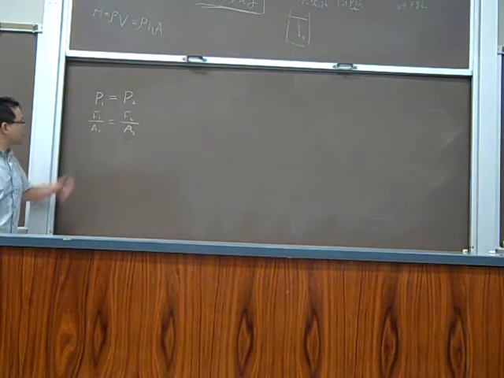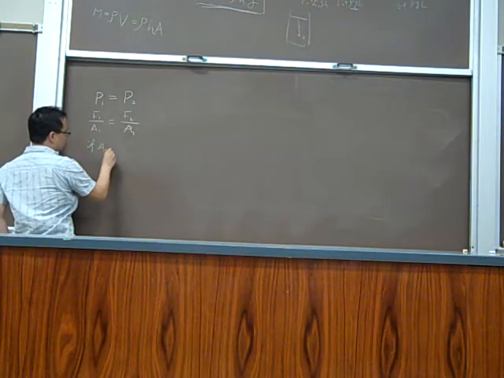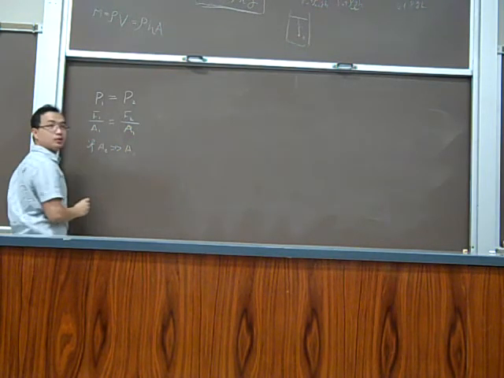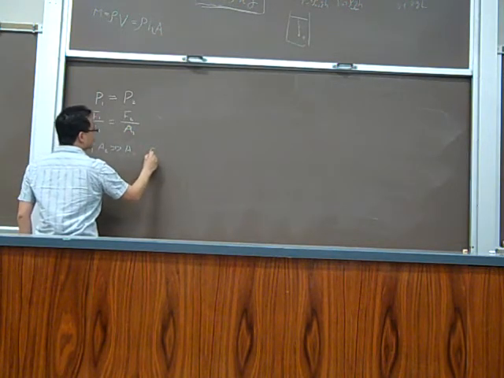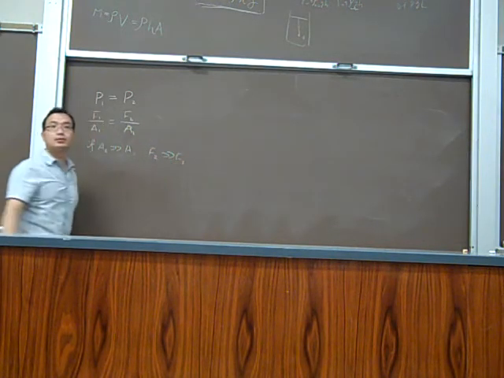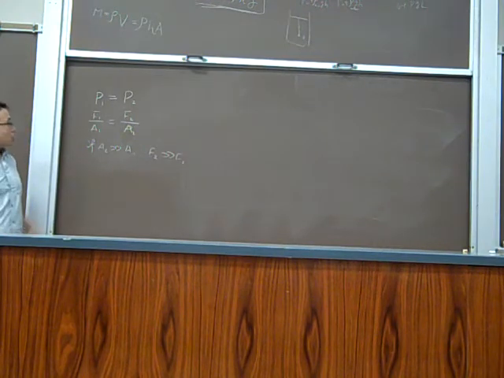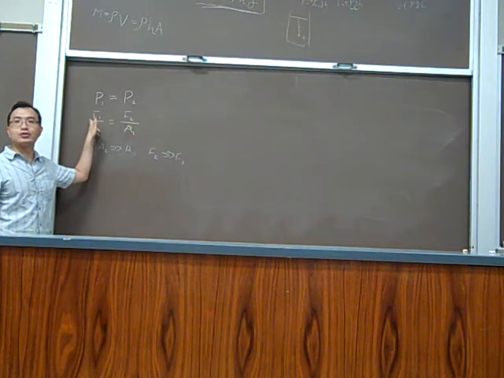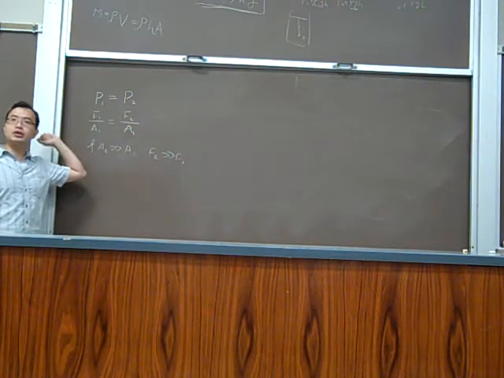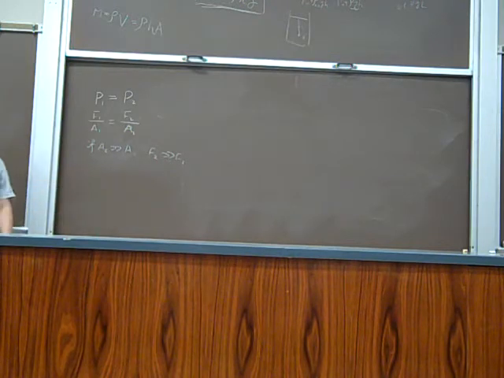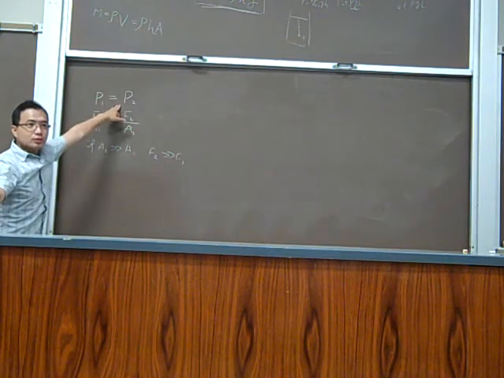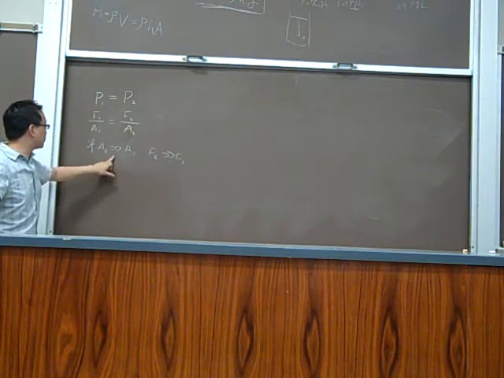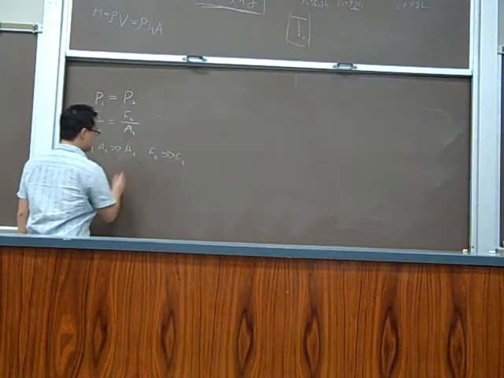To satisfy this equation, if A2 is much greater than A1, then F2 has to be much greater than F1. So if A2 is 100 times A1, then F2 has to be 100 times F1. To produce a large force, you simply need to increase the area A2 or decrease the area A1. So by pressure transmitting, you can produce a large force.